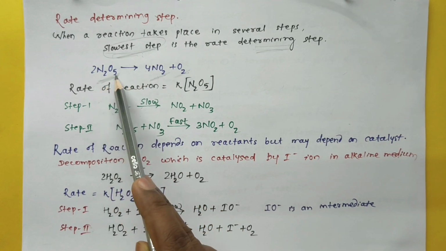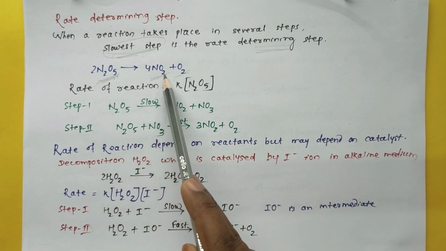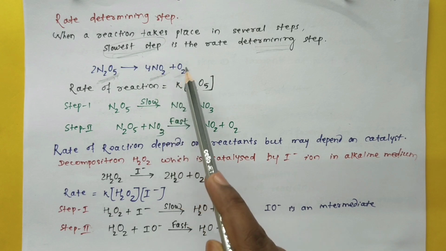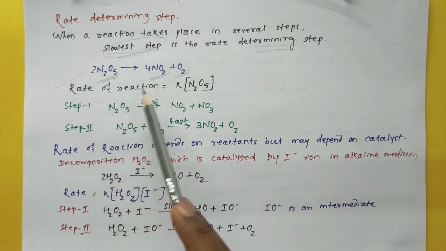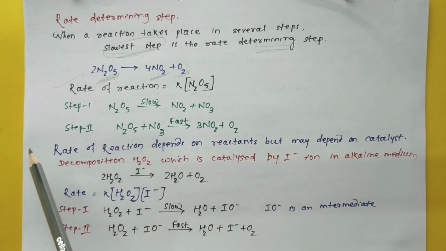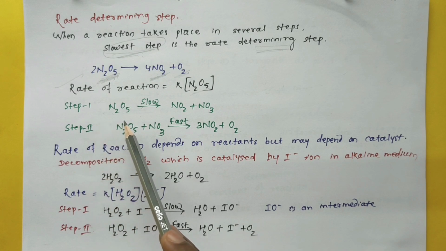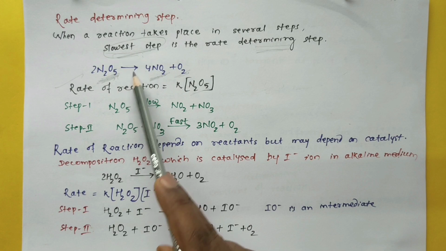2 molecules of dinitrogen pentoxide form 4 molecules of nitrogen dioxide and 1 molecule of oxygen. Here the rate of the reaction is found to be equal to K into concentration of N2O5. So which one is the rate determining step in this case? Actually this reaction takes place in 2 steps.